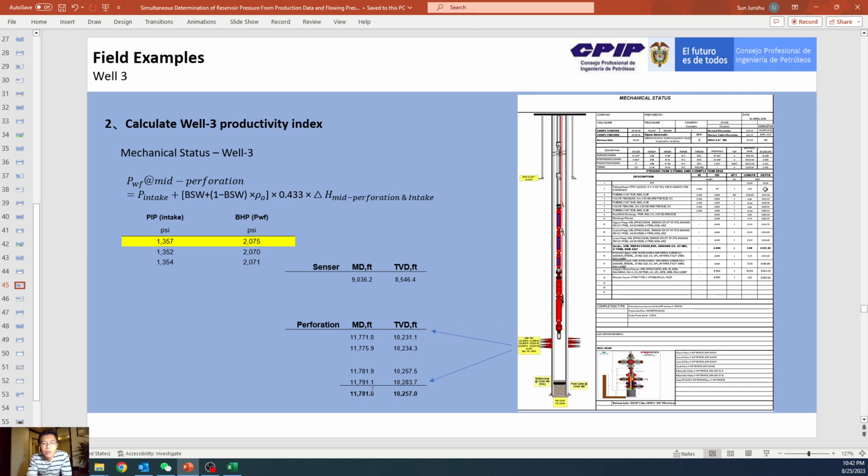The mid perforation is at 10,257 feet TVD. So the gravity between sensor and the middle perforation is around 700 psi, depending on the BSW percent.